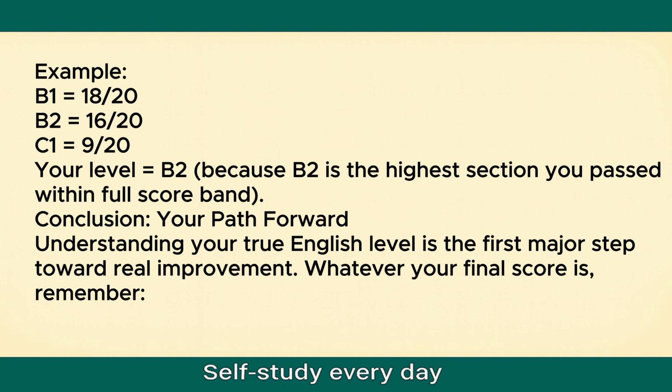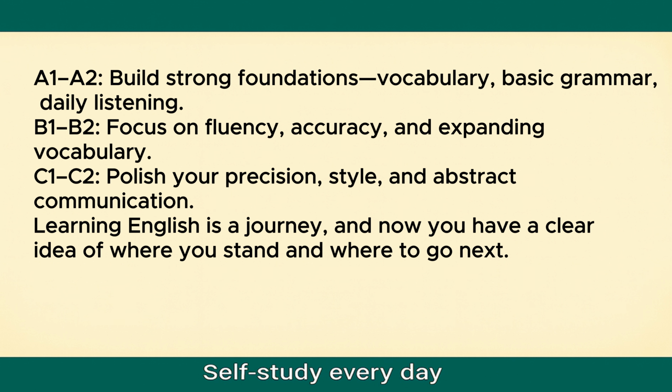Whatever your final score is, remember, A1 to A2, build strong foundations, vocabulary, basic grammar, daily listening. B1 to B2, focus on fluency, accuracy, and expanding vocabulary. C1 to C2, polish your precision, style, and abstract communication.